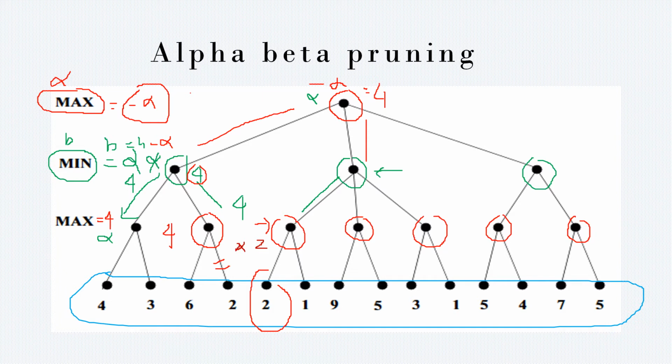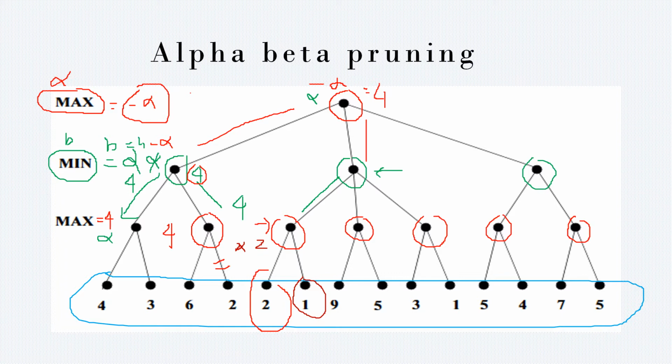Then it will search this node. As the value of this node is greater than the value of this node, max will adopt this value.